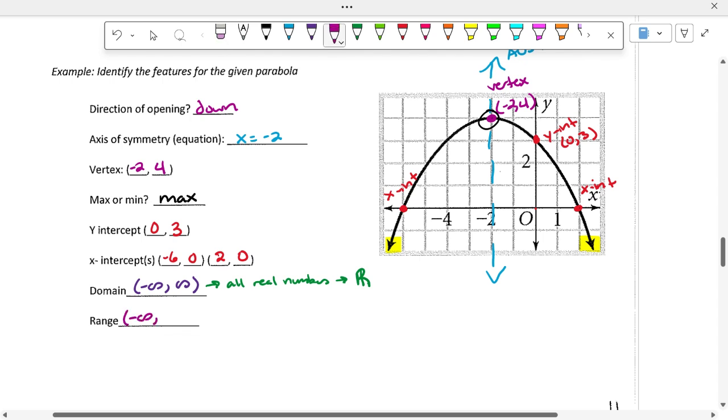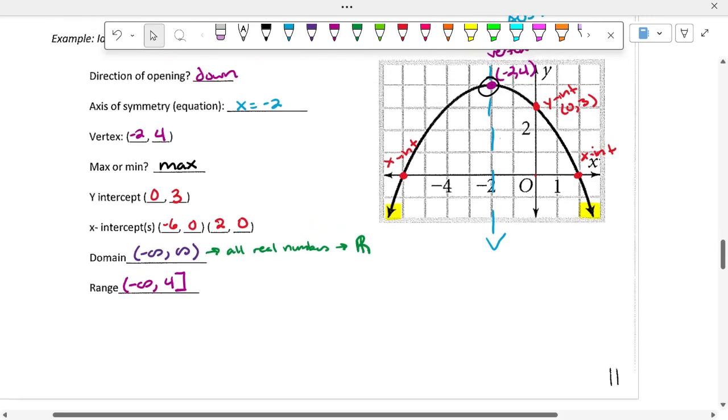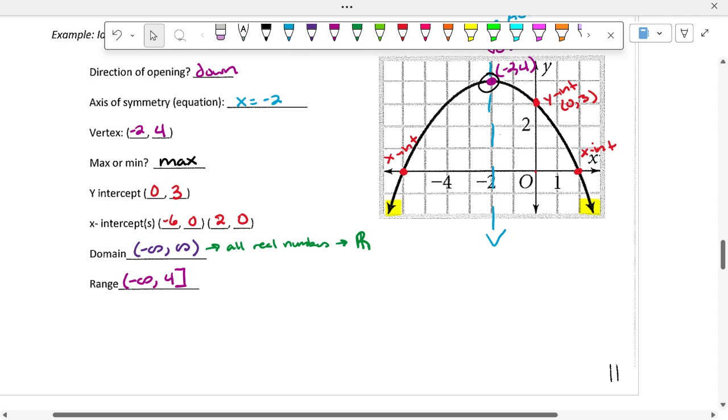So it goes from negative infinity, and then what's my highest y value? Yes, Owen. Is it 4? Yep. It's always whatever the y value of the vertex is. And we use a bracket because it is defined there. So you've got to be able to find all these key features.